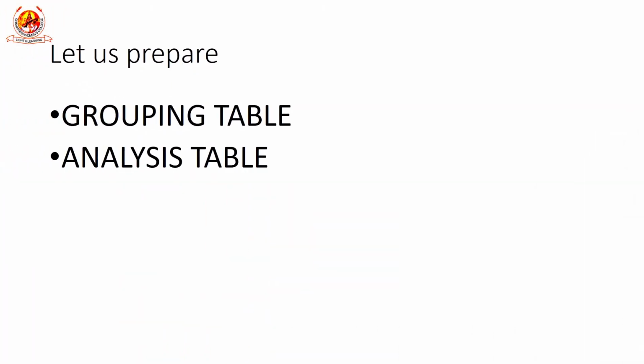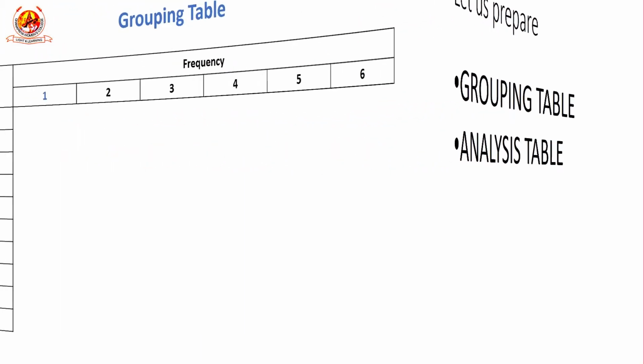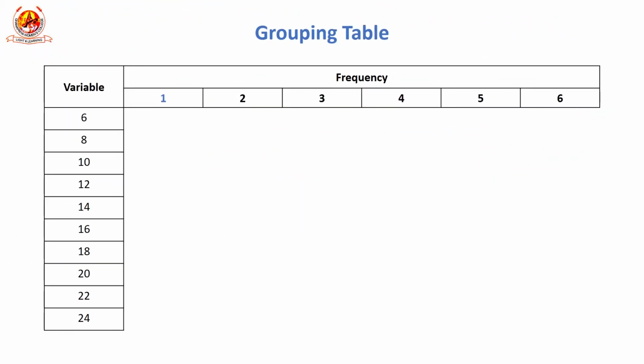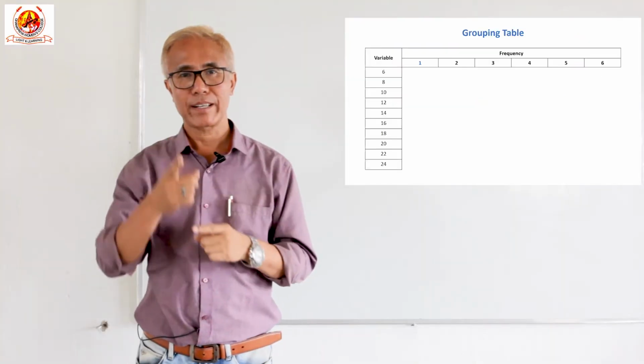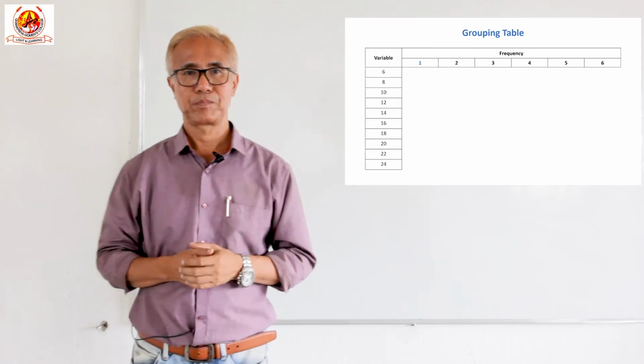We have to prepare two tables, a grouping table and an analysis table. First let us prepare the grouping table, with the variables on one side and the frequencies in different columns. We will arrange six frequency columns.